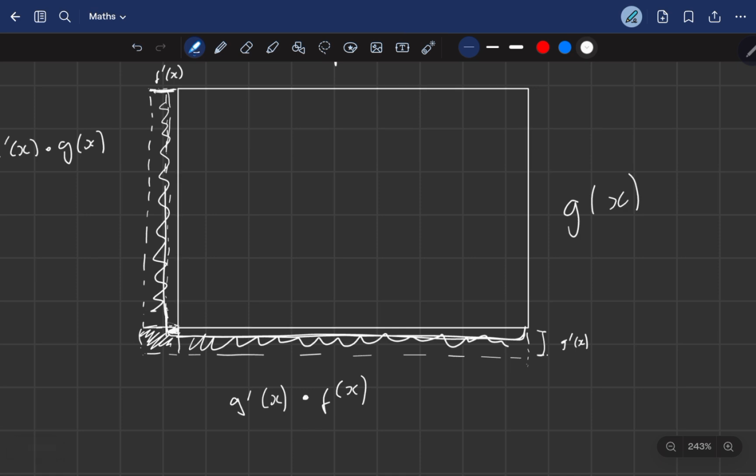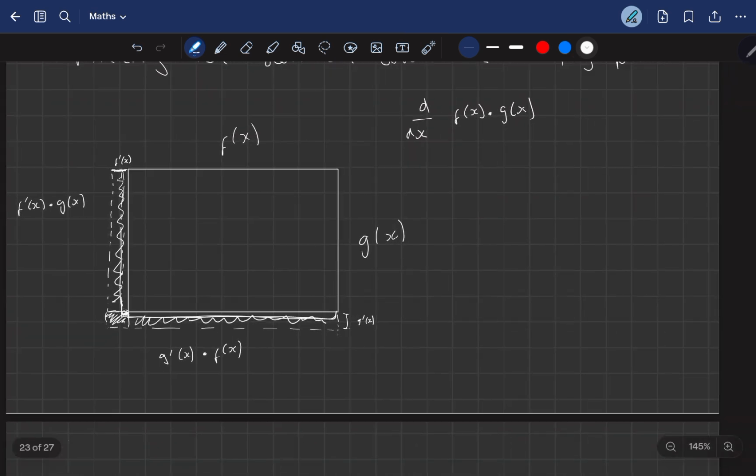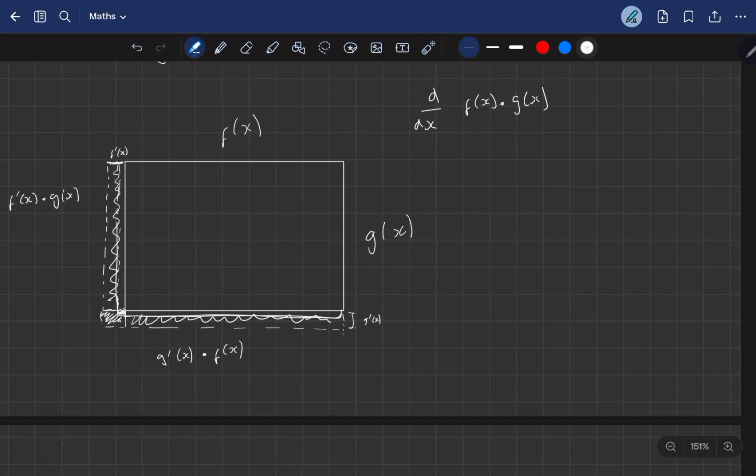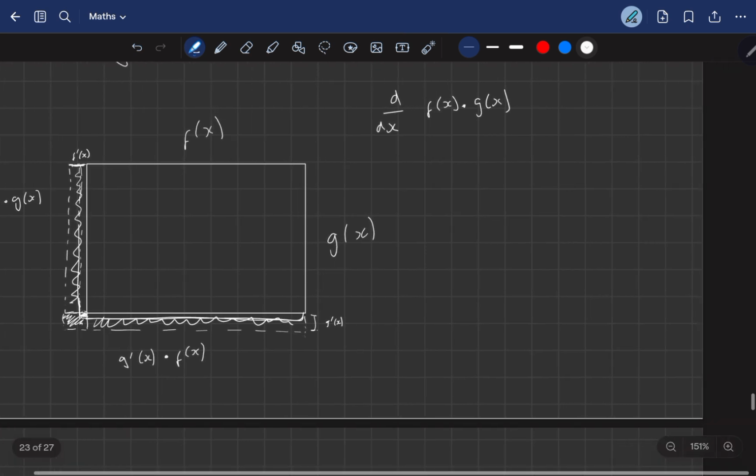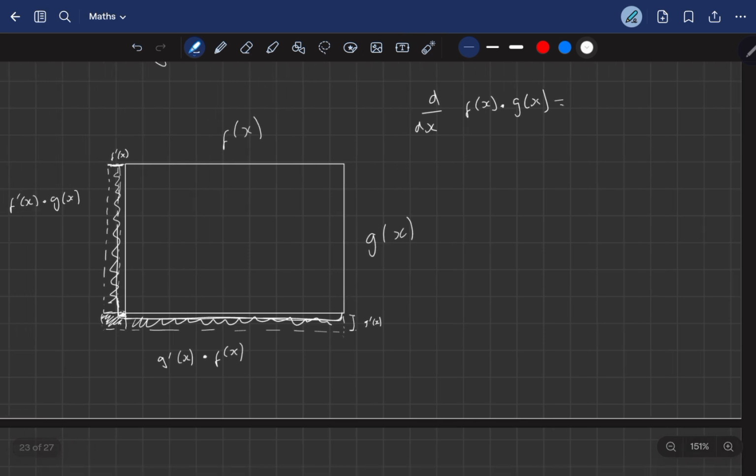The area of that piece will just tend towards 0, so it's negligible. So the area that actually matters is just these two rectangles. And the changed area is just f prime x times g of x plus g prime x times f of x.